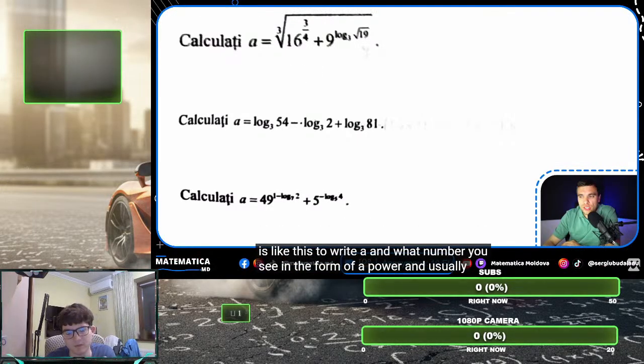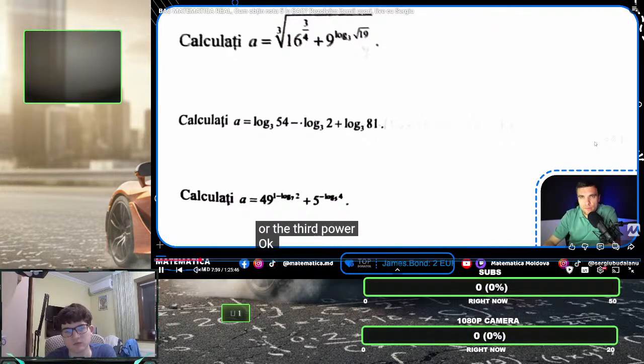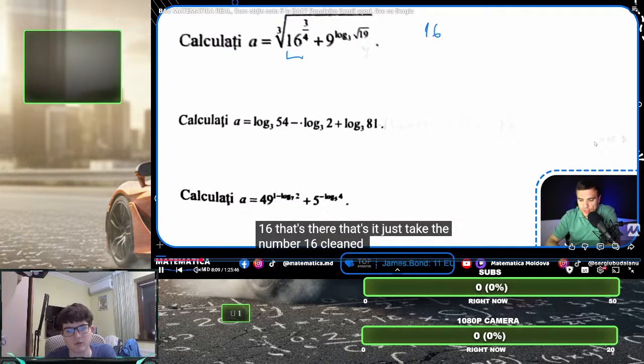So 16 was 2 to the power of 4. And then we're gonna do some switcheroos, like 9 is 3 to the power of 2. More switcheroos and stuff like that. Let's see how it's done.